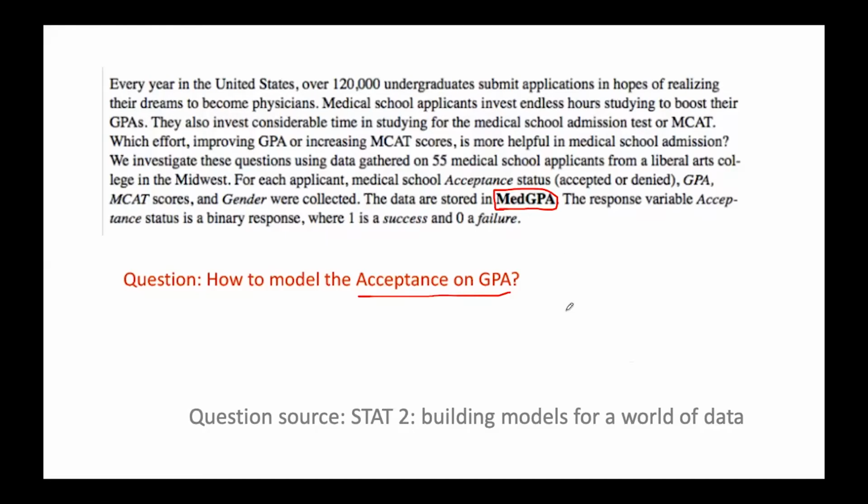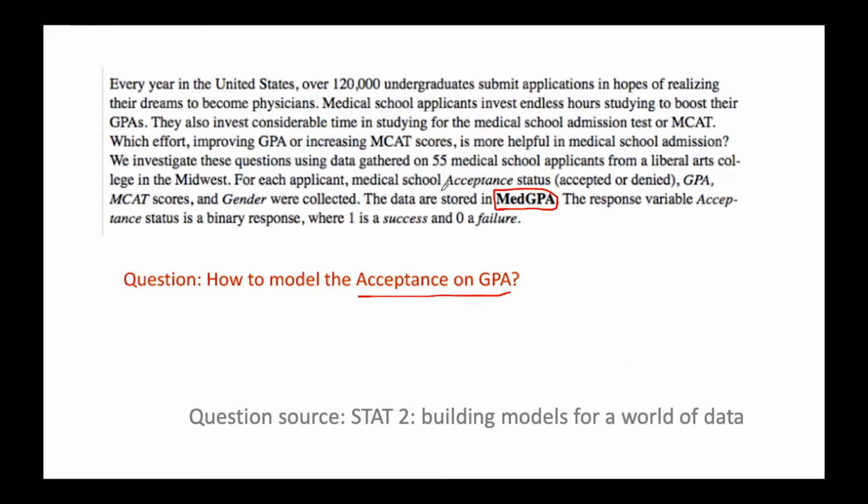Now we are going to use an example about medical school acceptance to practice logistic regression. You can take a few minutes to read through this question and think about what we are talking about. The basic question here is how to model the acceptance into medical school.